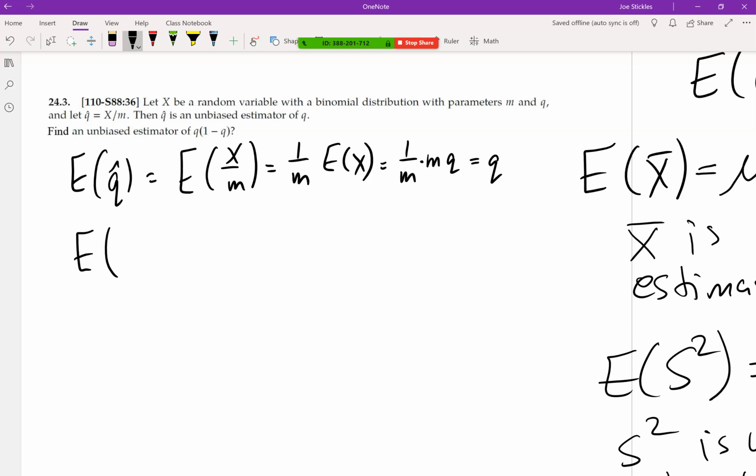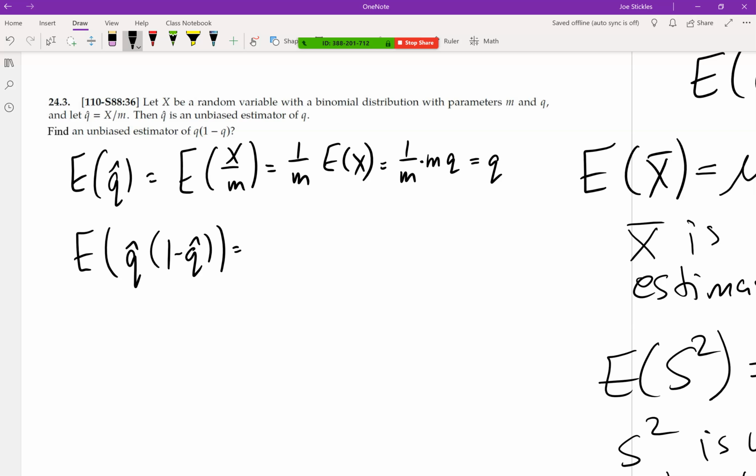So what if we just plugged in q hat for q? We're using q hat to estimate q, so why not use q hat times 1 minus q hat? Seems to make sense to me.